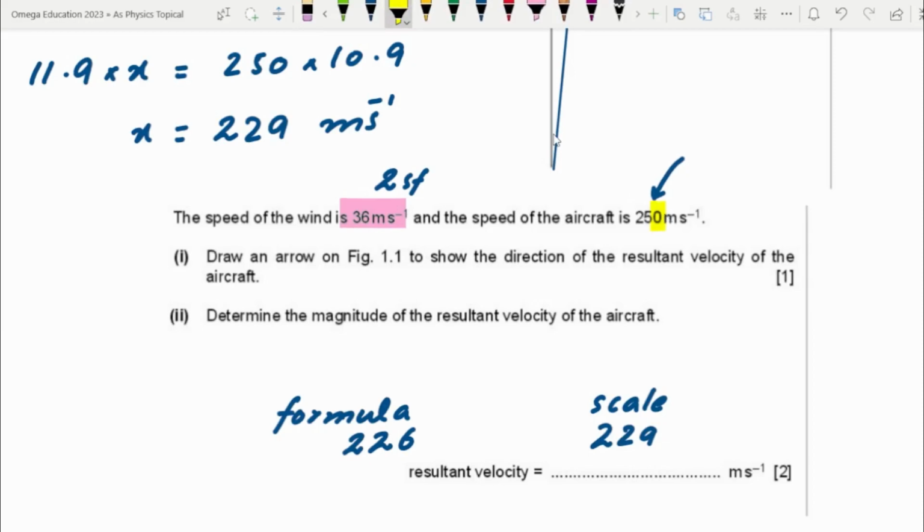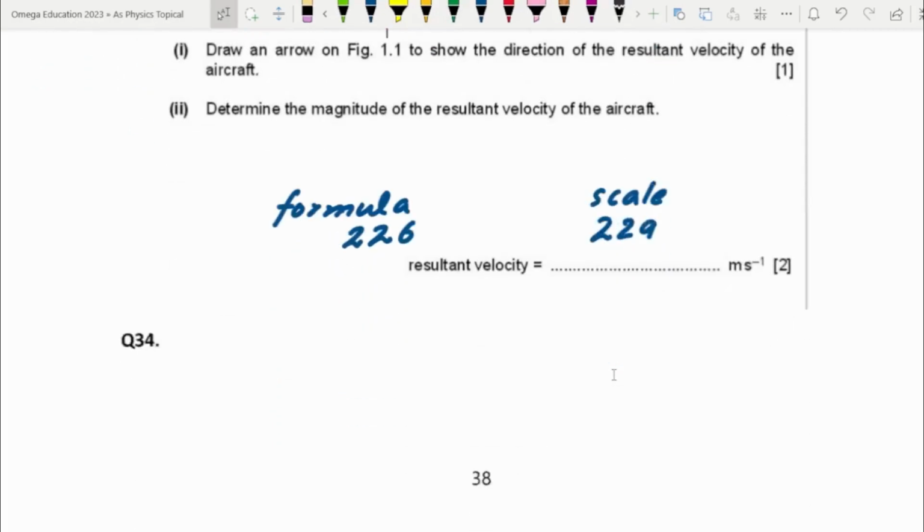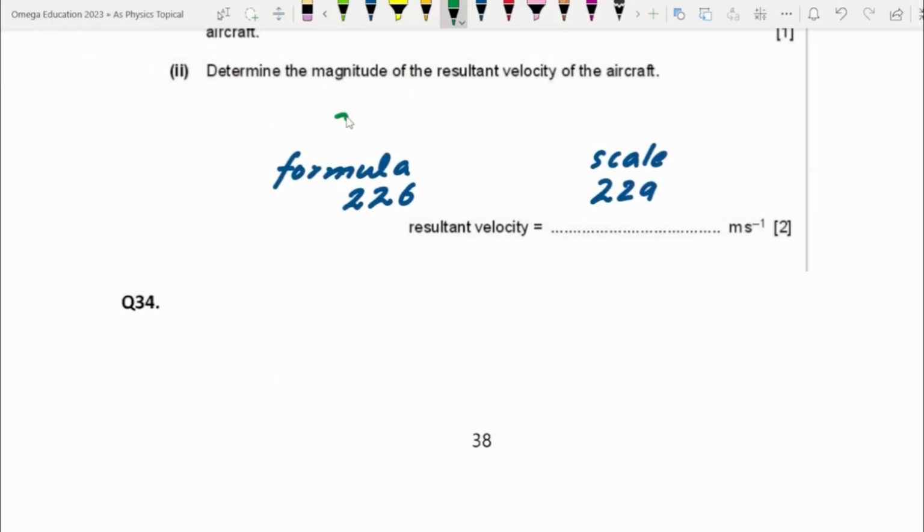So we're not sure about this one, but we can say that the least number of significant figures would be from this data, which is 36. So the final answer cannot have more than 2 significant figures. If you round off the first one to 2 significant figures, it would be 230. If you round off the second one to 2SF, it would also be 230. So we write 230 meter per second as a final answer.